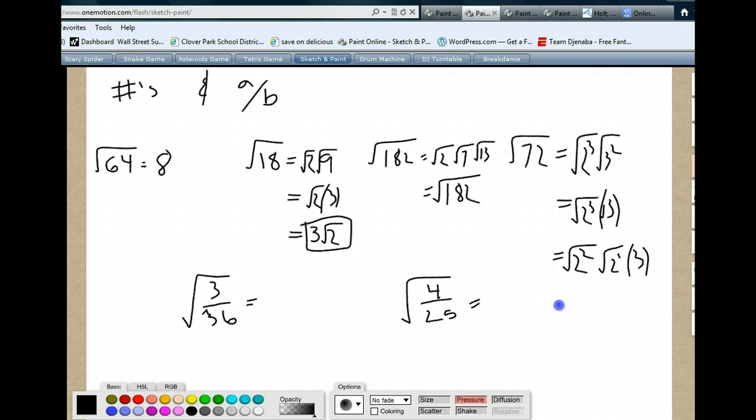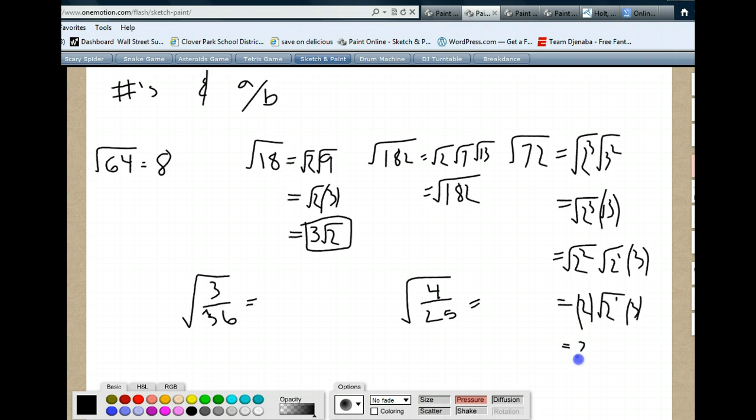And so now I'm going to be left with 2 multiplied by 2 to the first square root times 3. And again, I want to pull those numbers to the front.